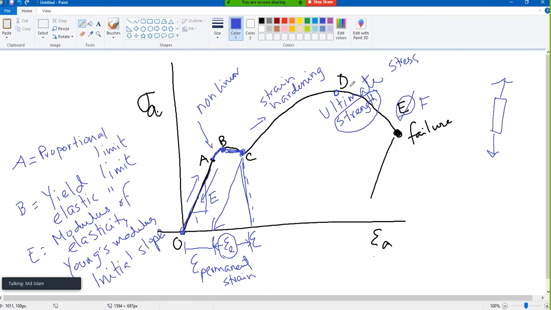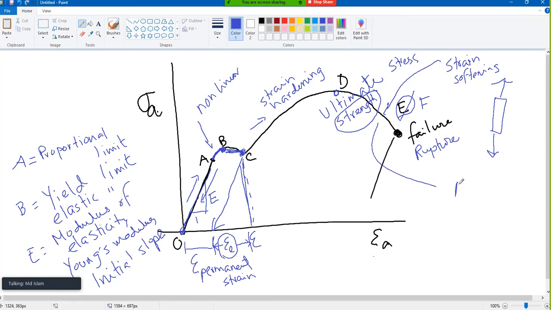After ultimate strength, the material can still take some load, but it will deform a lot. This portion is called strain softening. And finally is failure or rupture. Different names: somebody calls it failure, somebody calls it rupture. So you know strain softening is the decrease in the curve, and strain hardening is the increase.